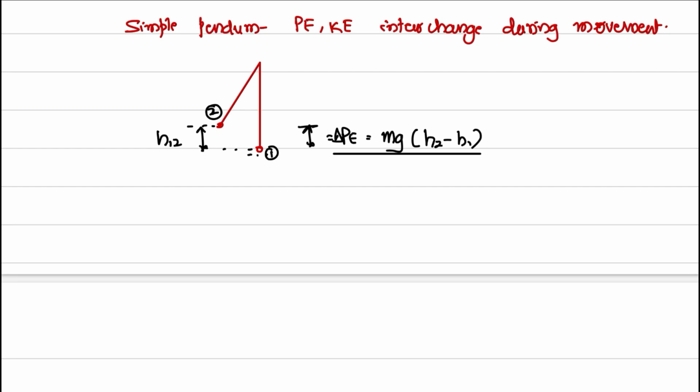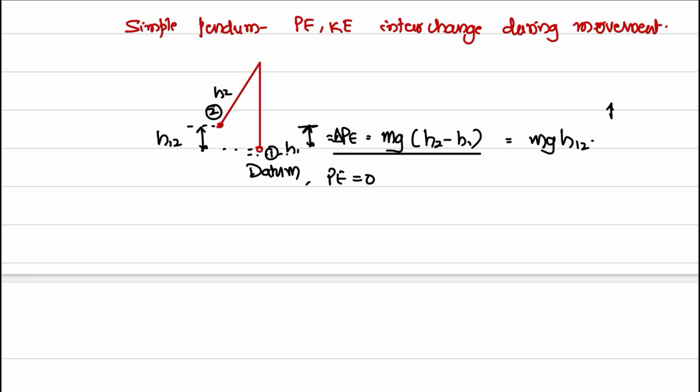If h1 is taken as a datum, and potential energy is treated as 0 at the datum, then the change in potential energy is mg h12, where h12 is the difference between h2 and h1. This mg h12 is a gain because it is moving upwards. The height is positive, hence there is a gain in the potential energy when compared with the datum.